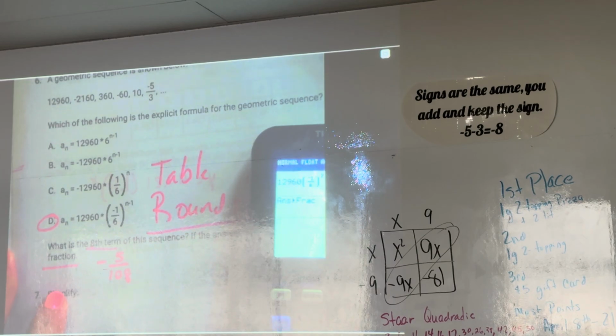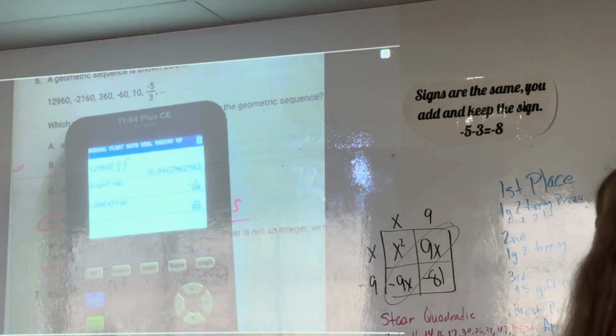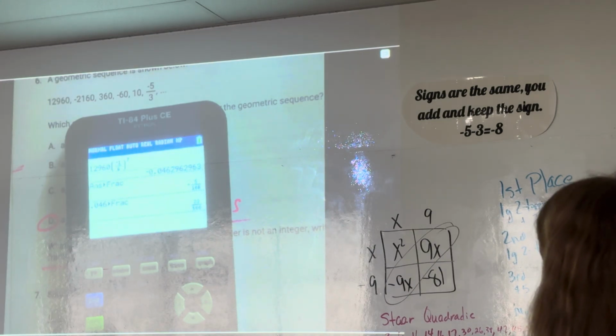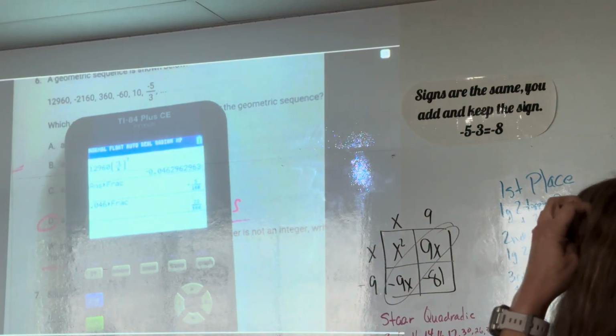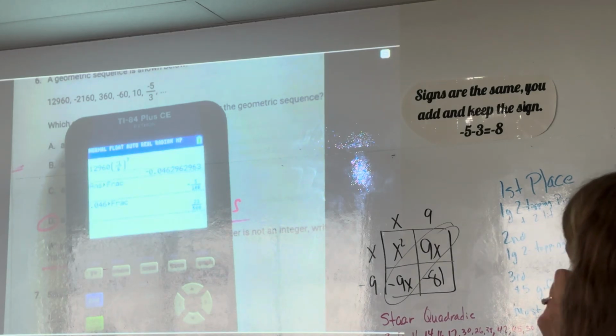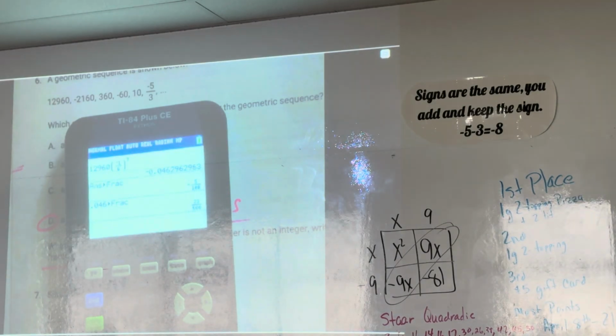And so if we go back to the table, we had negative 0.046. So 0.046 math, enter, enter. Is that the same thing? 23 over 500? It's probably close, but not close enough of getting the answer correct. So the table rounds.